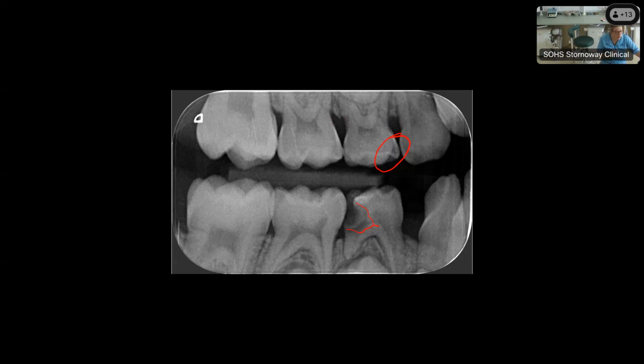Upper 4s often have a little, it's not an extra cusp, it's just the mesial cusp. But it's just thin, because this is 2D. So the tooth is fatter in the middle than it is at the mesial and the distal, and an upper D is often really thin at the mesial. So it's just that it's not absorbed the x-rays as much.